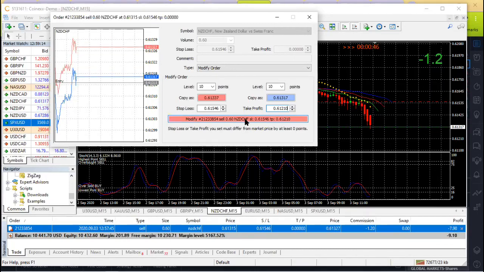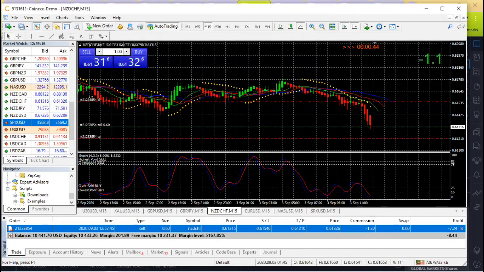And then I'll come over and say modify my order. All right. So now, I don't know if you guys noticed, it was a pending order. We didn't do a market execution. It was a pending order, but it has now activated. Once it reached the price point that we wanted to get into our trade, it activated.